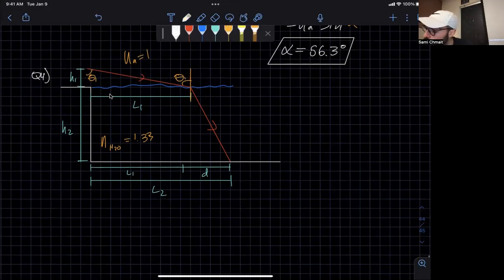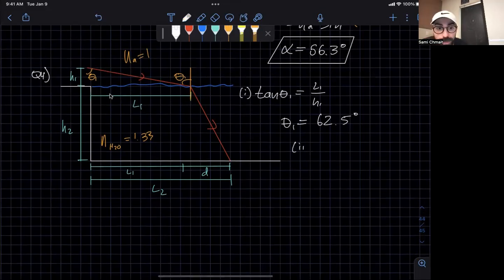So what is theta 1? We can calculate that by using a tan function. We'll say tan theta 1 is equal to L1 over H1, and theta 1 is equal to 62.5 degrees. Okay, and now in part 2, we can use Snell's law to find what theta 2 is equal to, where theta 2 is going to be this angle right in here.